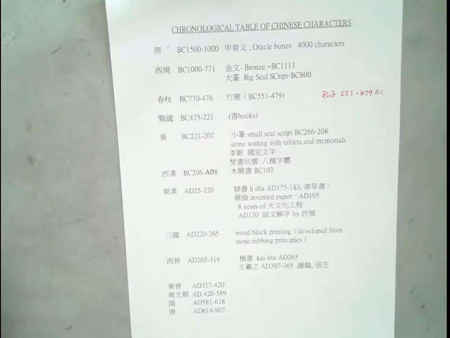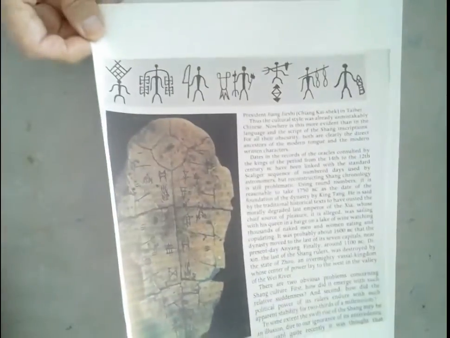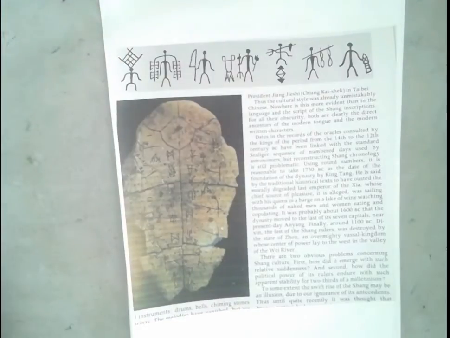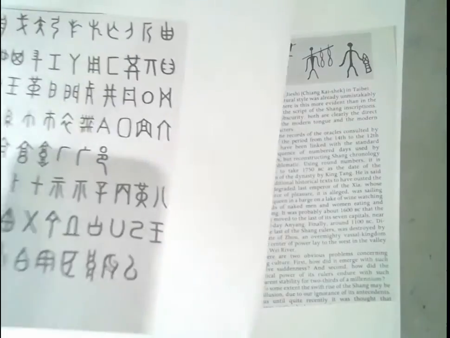There were two proven ancient Chinese characters. One is Jiaku Wen, in English the oracle bone, and the other one is bronze, called bronze script, the Jin Wen.